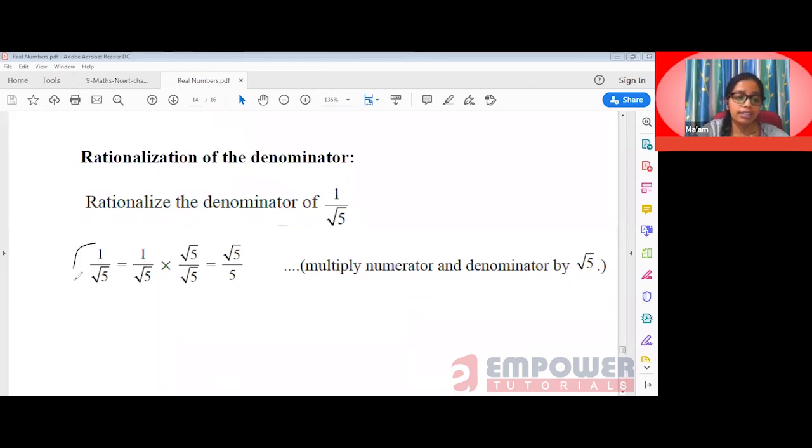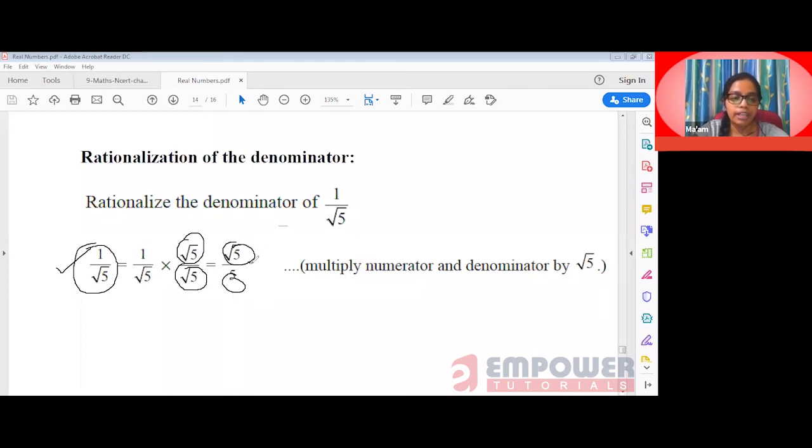But when you are rationalizing your denominator, make sure that your original fraction won't get changed. So we are going to multiply it by the rationalizing factor, and also divide it by the rationalizing factor. So we multiply by root 5 upon root 5. Now, root 5 into root 5 will be 5, and 1 into root 5 will be root 5.